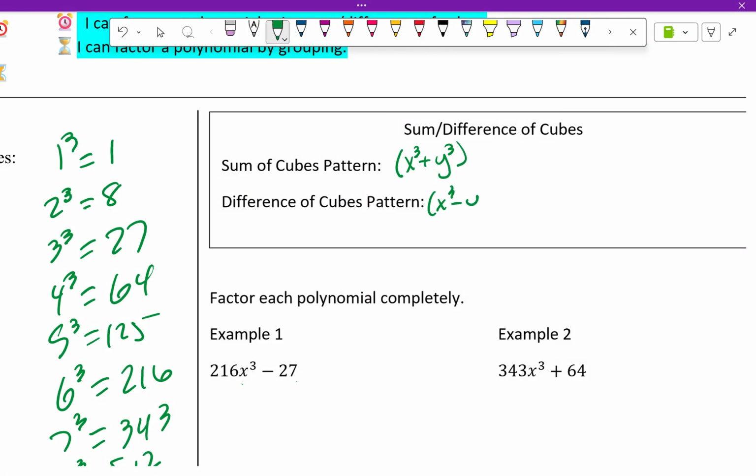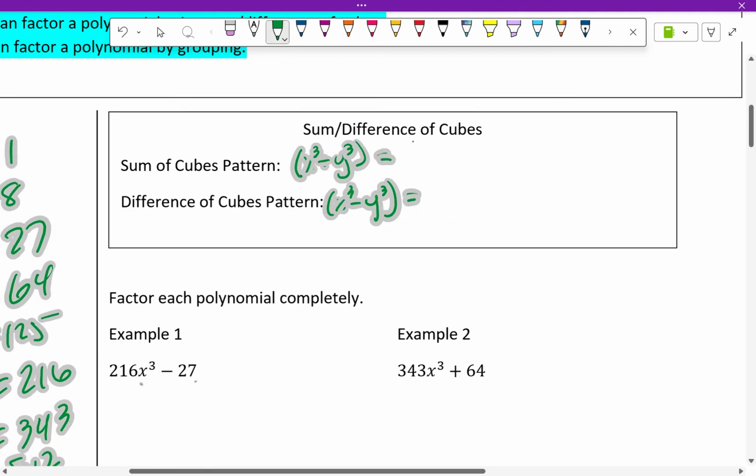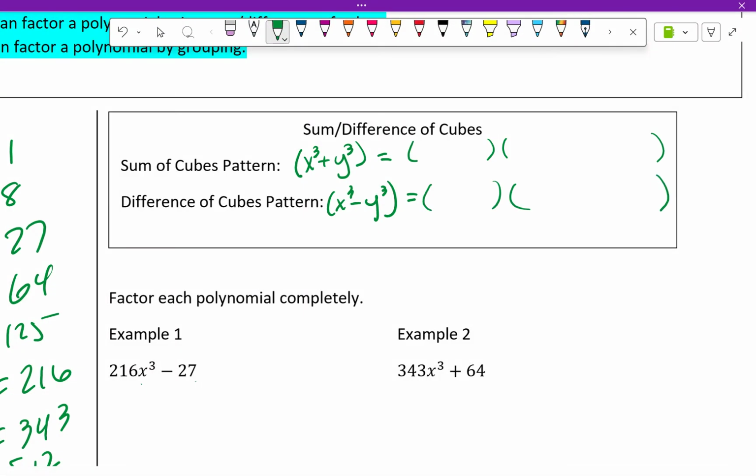X cubed minus Y cubed, something like that, okay? So the pattern is I always do a binomial times a trinomial, okay? I start with my signs, okay? I always put my signs in first. So I start by whatever sign I start with.